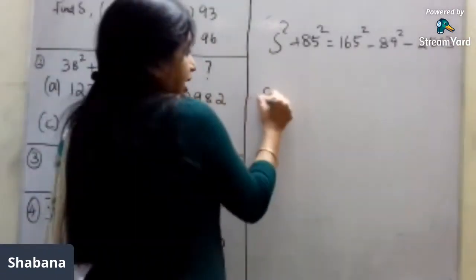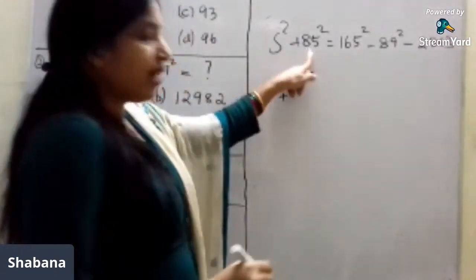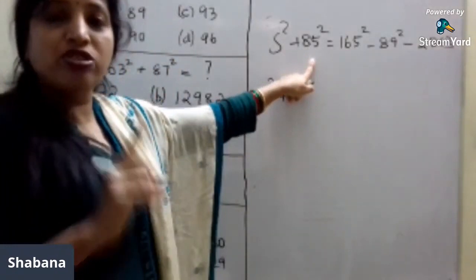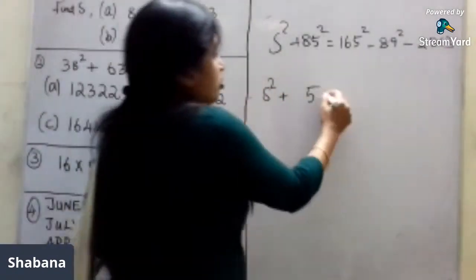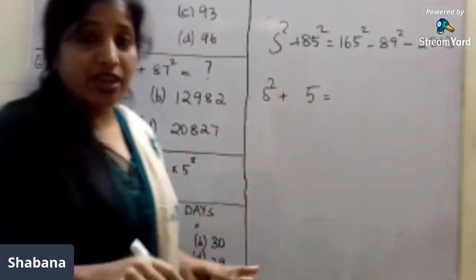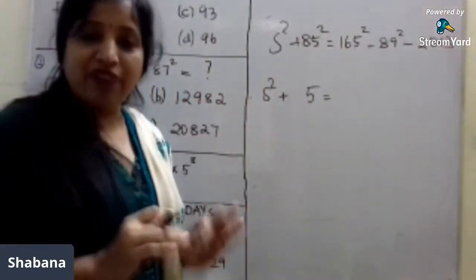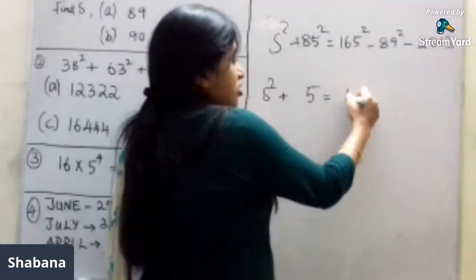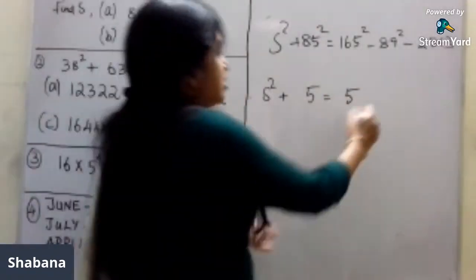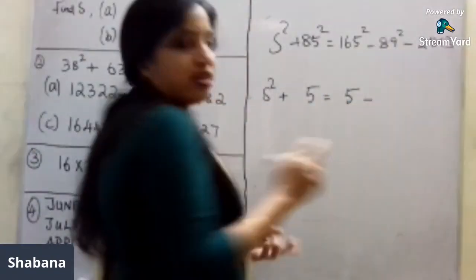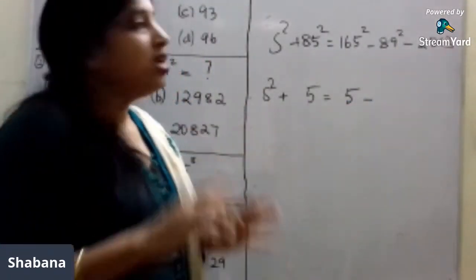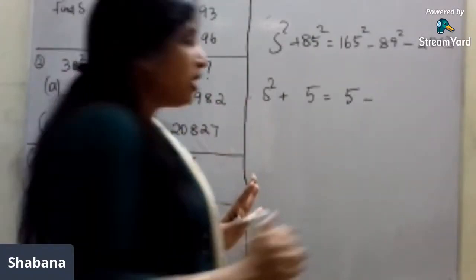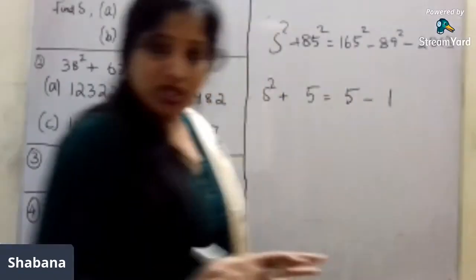Now I'm going to take s square. 85 square has 5 in the units place, so I write 5 here. 165 square will definitely have 5 in the units place, so this is 5 here. Then minus 89 square: 9 square is 81, so I have 1 in the units place.